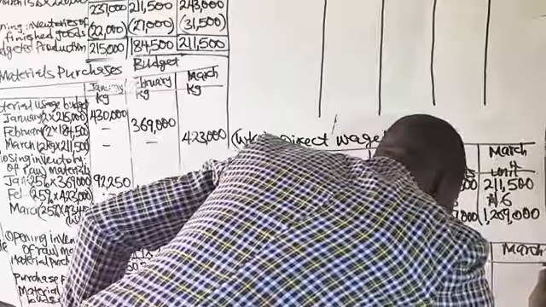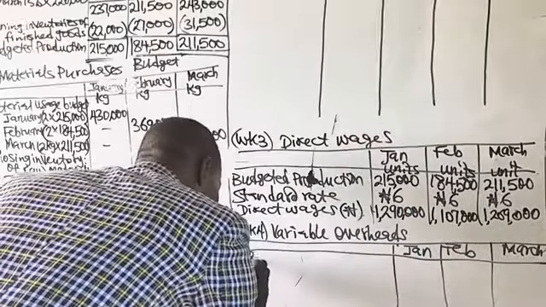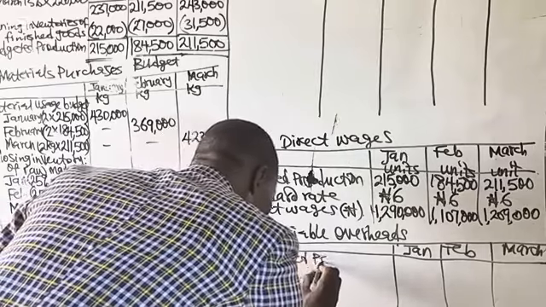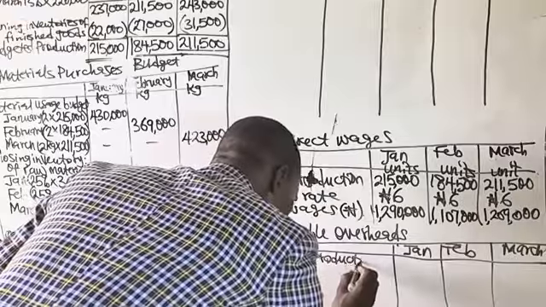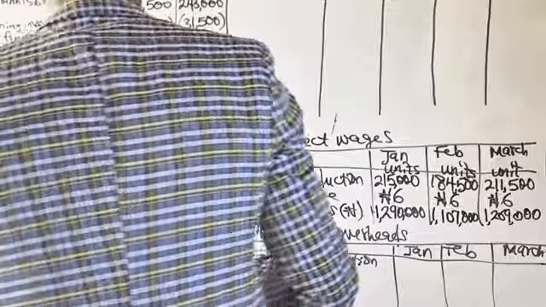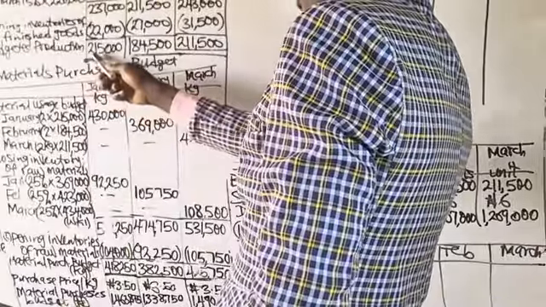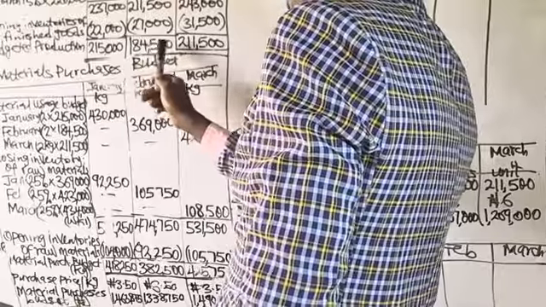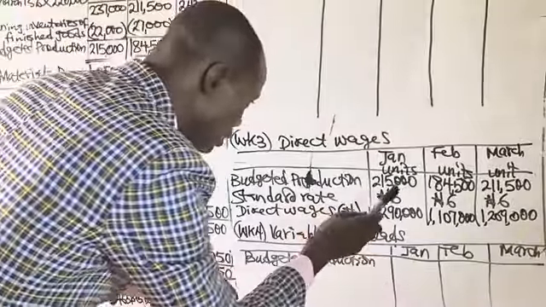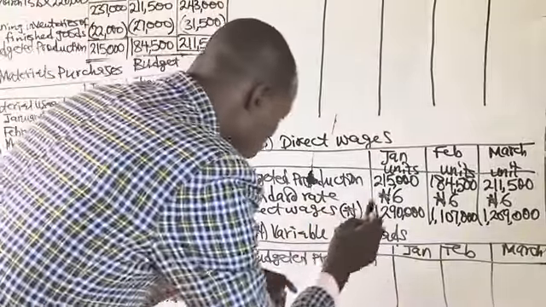From our production budget, we have the budgeted production. The budgeted production is obtained from the production budget: 215,000, 184,500, 211,500, which are still the same figures used here.